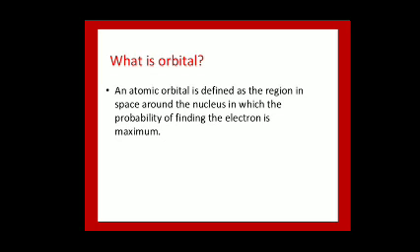An atomic orbital is defined as the region in space around the nucleus in which the probability of finding an electron is maximum.